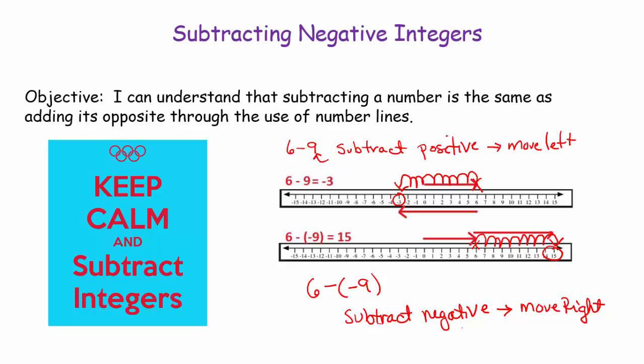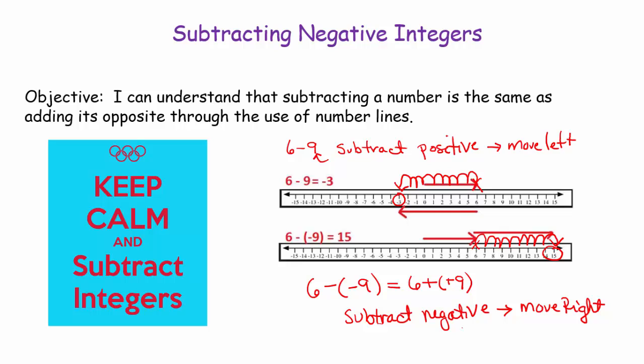And the reason for that is when we're doing subtraction, subtraction is the same as adding the opposite. So today we're going to focus on the fact that subtracting a -9 is actually the exact same thing as adding a +9, and that will be the focus of today's lesson.